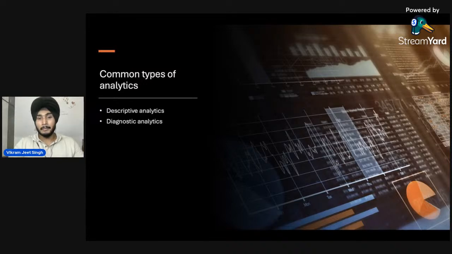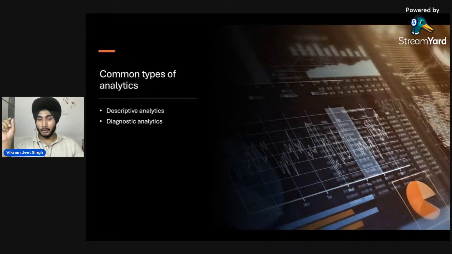So I, being the analyst there, had to do the diagnostic analytics of the data and understand why it was happening. For that, I deep dived into the data. I looked into the various KPIs we have in our internal system, and I found correlations between things, like if the fraud is happening, on which particular type of product it is happening.